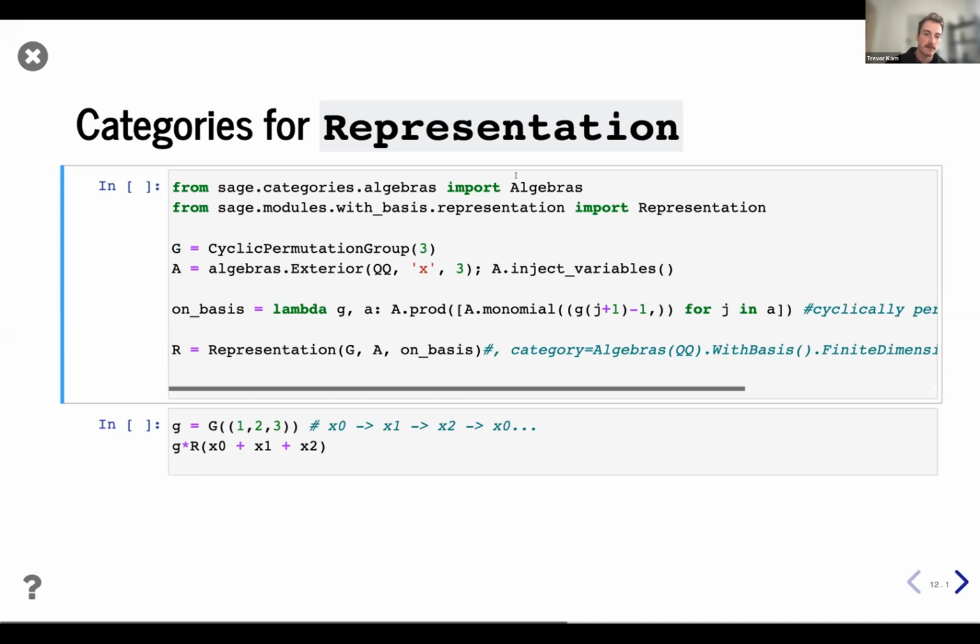So I'm going to pick G to be the cyclic group of order 3. So you could think maybe rotations of a triangle, Z mod 3Z, however you like to think of it. And then I'm going to think of my algebra A as the exterior algebra generated by, with 3 generators.